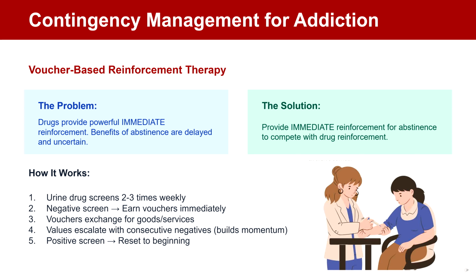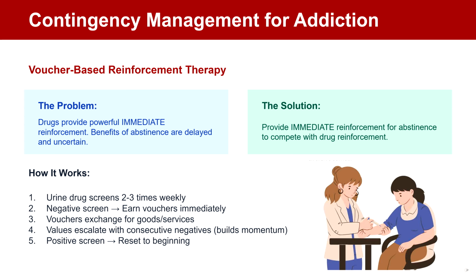Each negative screen earns vouchers that can be exchanged for goods and services. The voucher values escalate with consecutive negative screens, creating momentum. But a positive screen resets the value to the beginning. This creates immediate, tangible consequences for abstinence, competing with the immediate reinforcement from drug use.